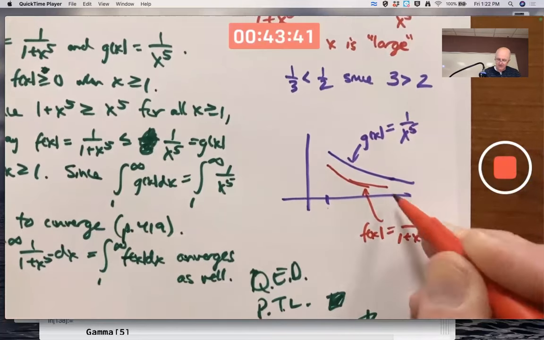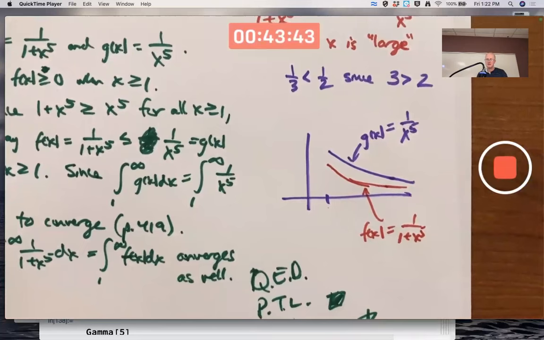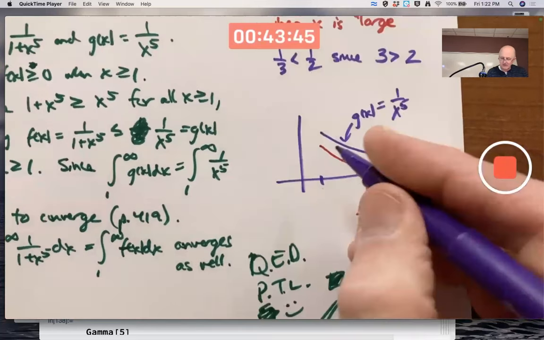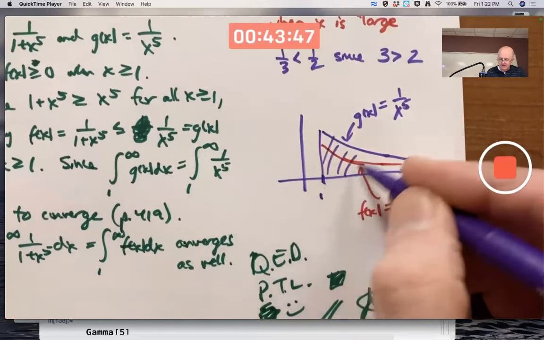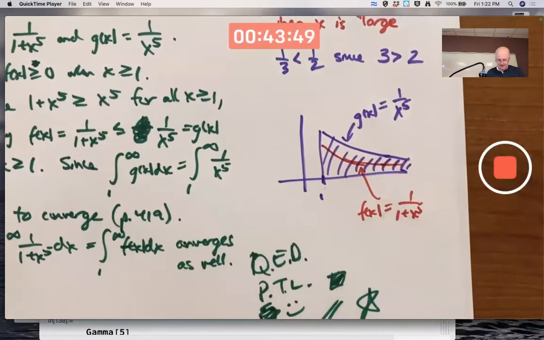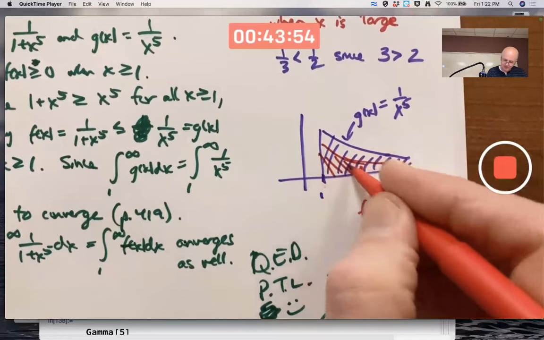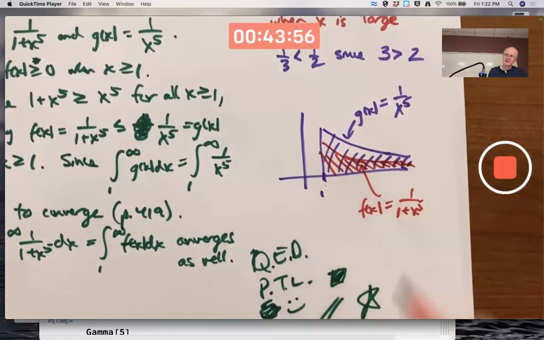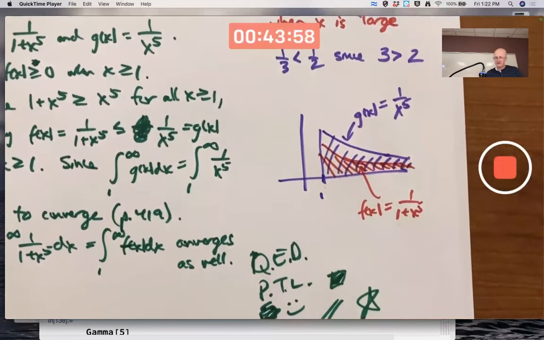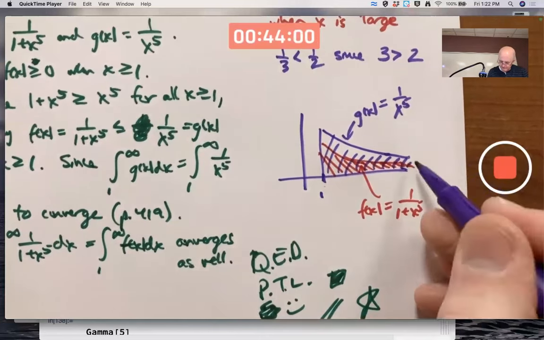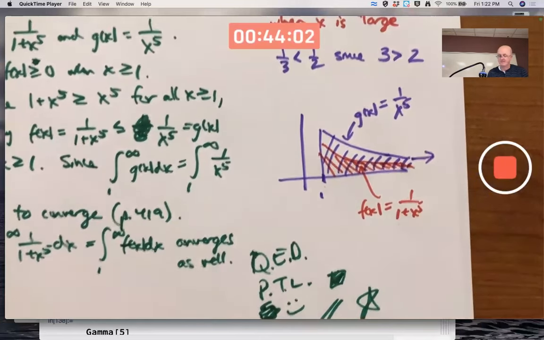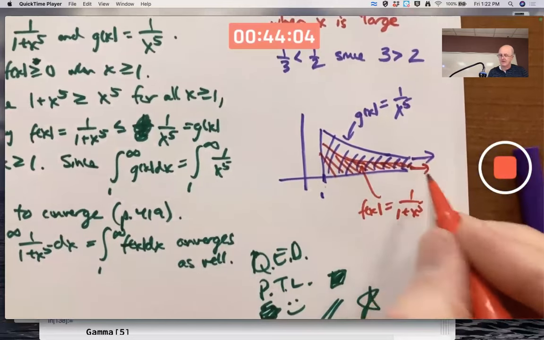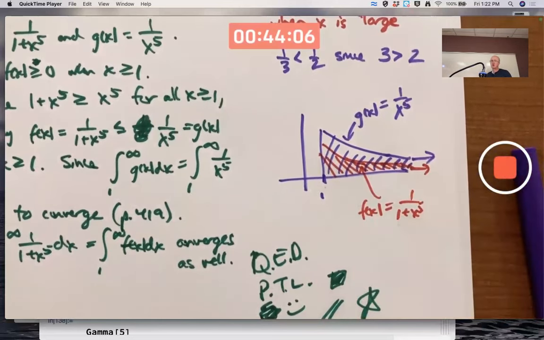The graph of f is always below the graph of g. Since the integral of g converges, this purple shaded area is finite. It should make intuitive sense that the area under the graph of the red function is also finite, even though the regions go out forever and ever. The improper integrals converge.